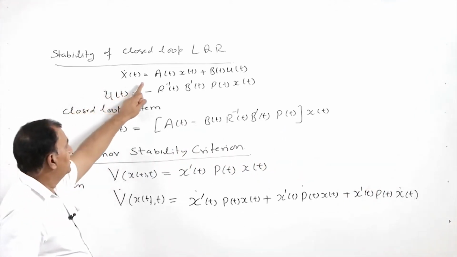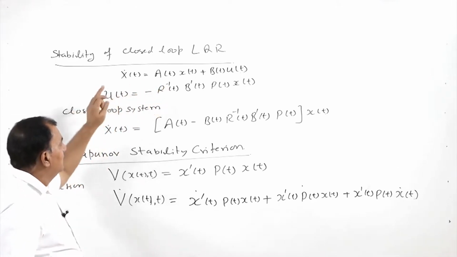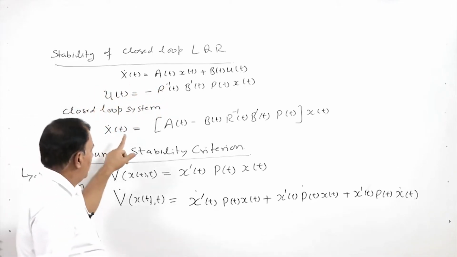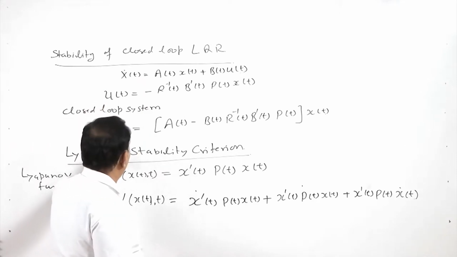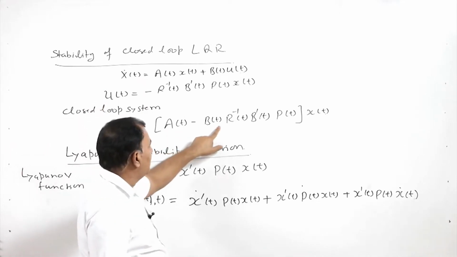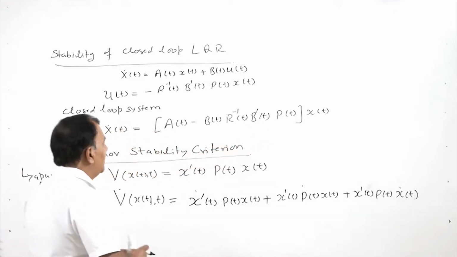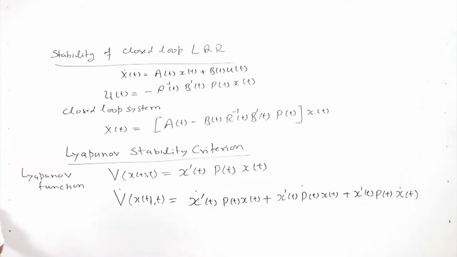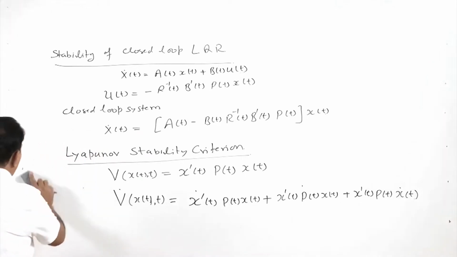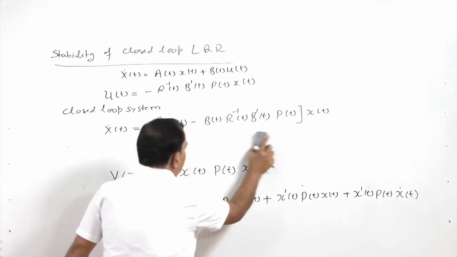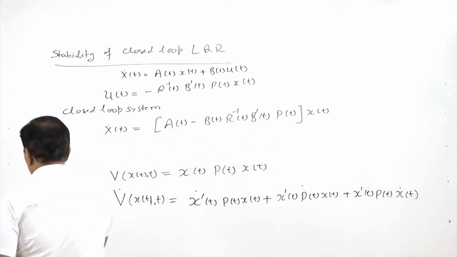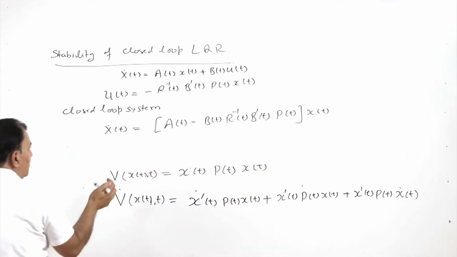x dot of t I will take as A minus B R inverse B prime P into x(t), and I know what is my P dot.